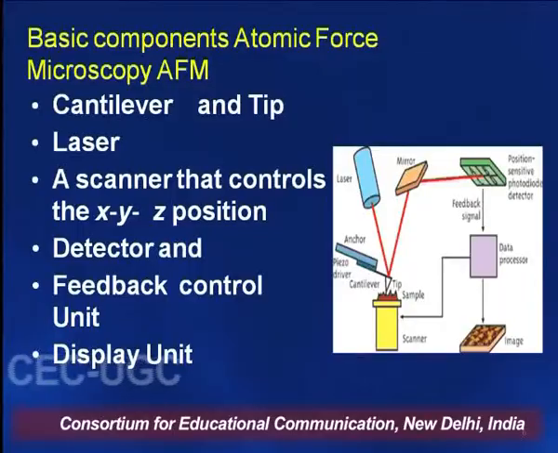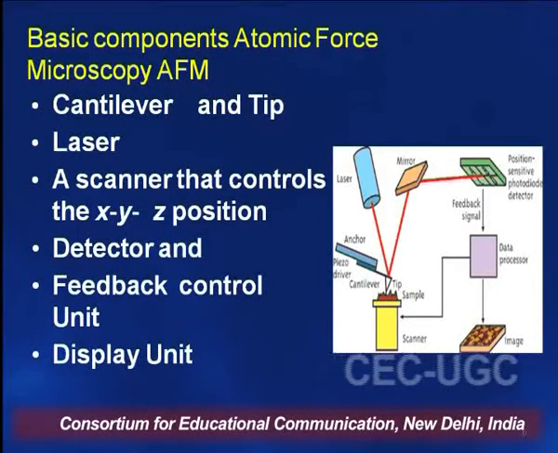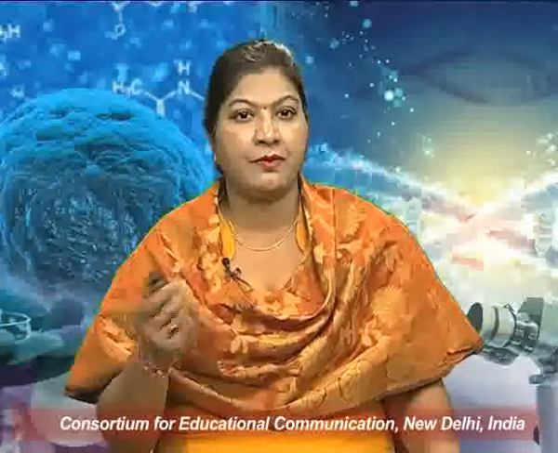And the laser is the most important, which gives the force to the cantilever to go closer to the sample. So these are the basic components of atomic force microscopy. We discuss them one by one.